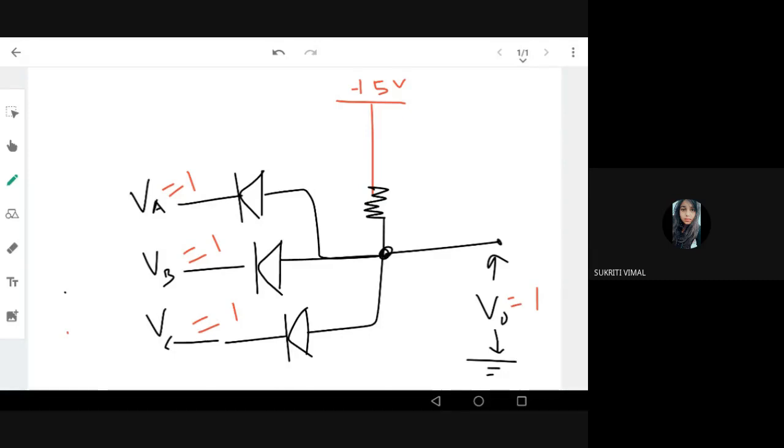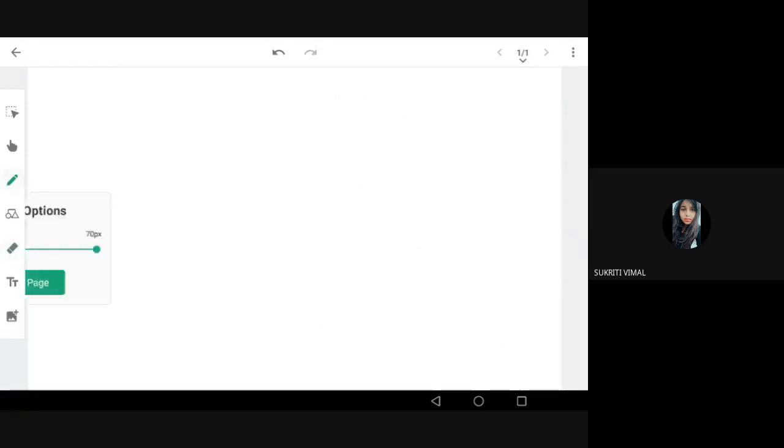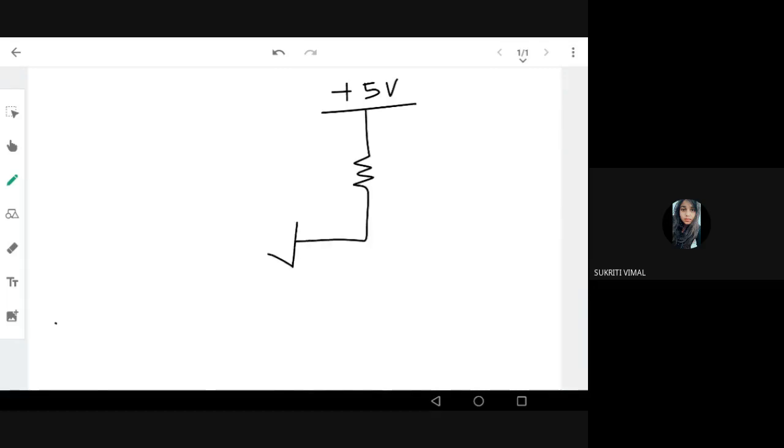Now I'll draw a similar circuit. This is plus 5 volt, a resistance, and the output here. This is input A. What type of gate is this?